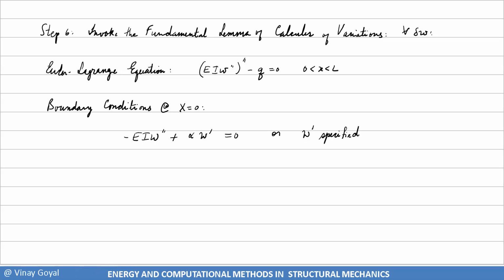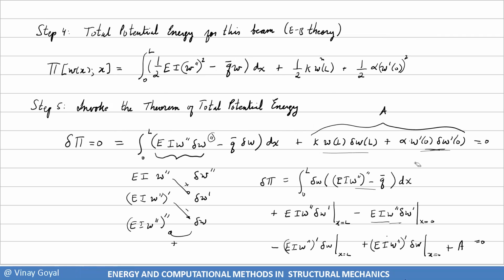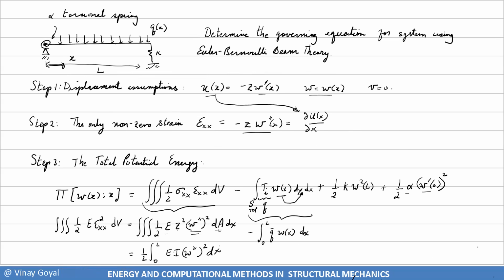And you cannot do both, it's either one or the other. Clearly w prime is not specified, so the boundary condition is this one here, because I'm not specifying the slope at this boundary.